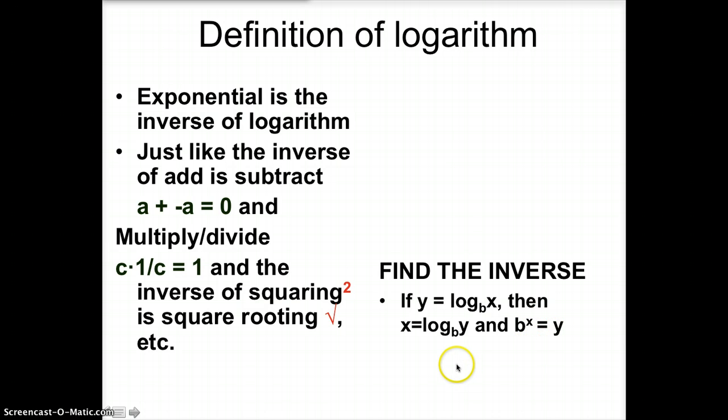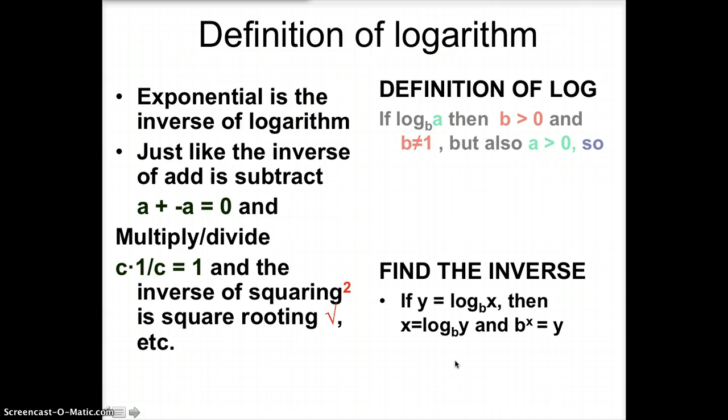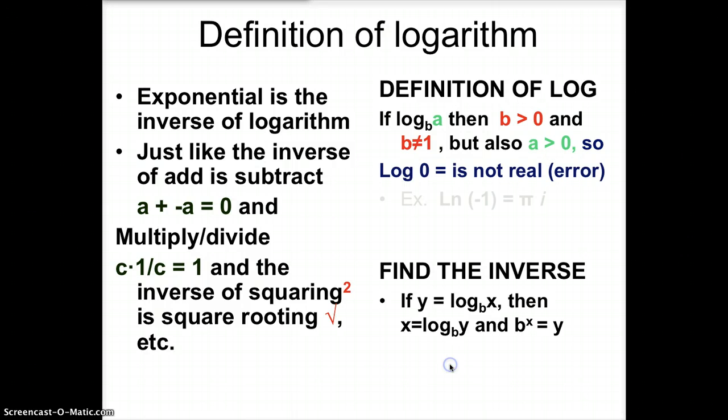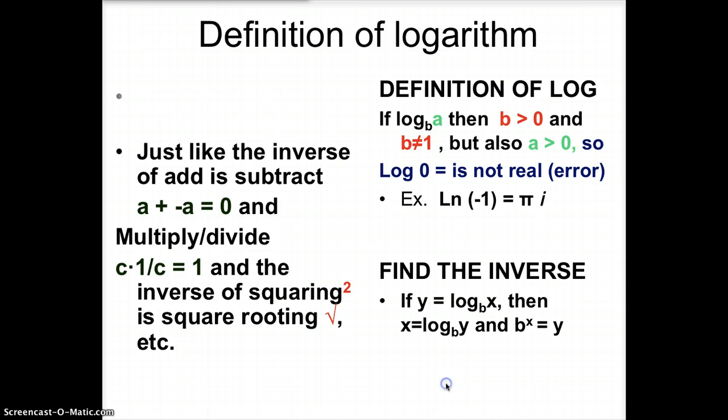So the actual logarithm will look like the inverse of the exponential. And again, we run through the definition of a logarithm where b has to be positive and a has to be positive also. The log of 0, again, is not a real number.